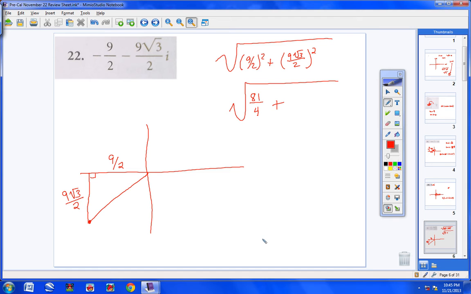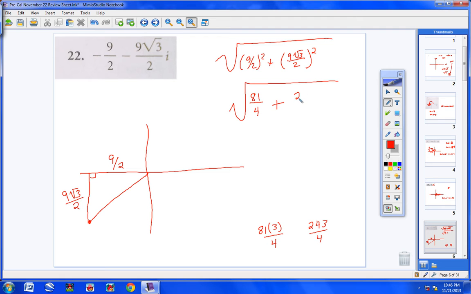Let's work it out down here. If I square the denominator, 2 times 2 is 4. That's easy. If I square the top, not the numerator, 9 times 9 is 81. And then if I square the square root of 3, I just get 3. So 81 times 3. So really I end up with 243 over 4. All right?